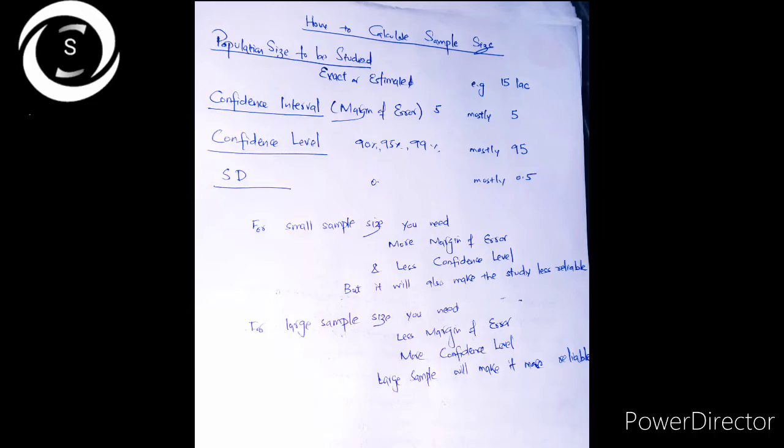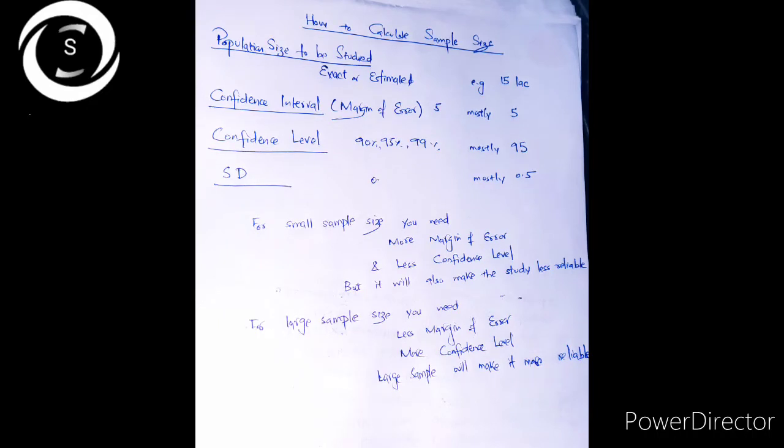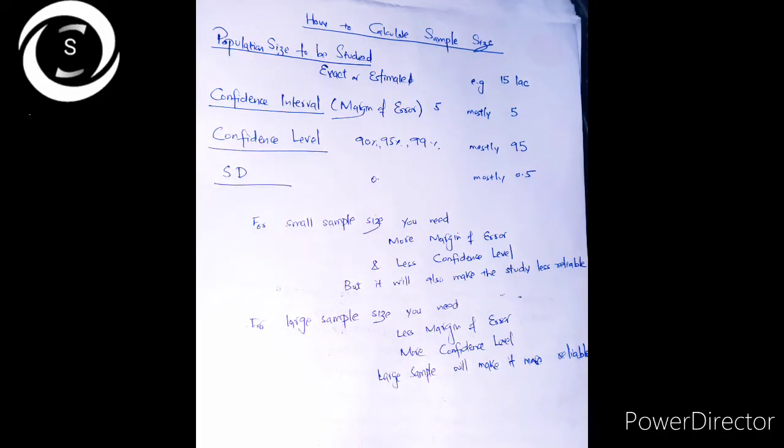You can take it differently, and we will show you online what impact it will make. Then confidence level, usually it is taken as 90%, 95% or 99%, but mostly 95%. Then standard deviation, mostly 0.5, or sometimes the distribution is taken as 50%.